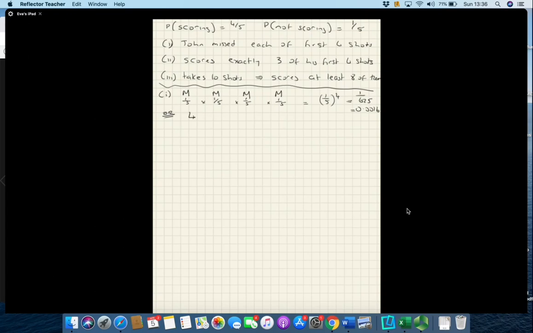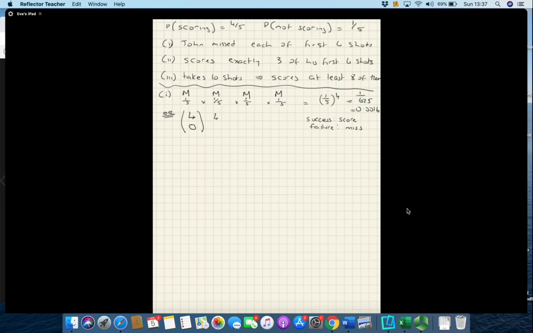Or we could use Bernoulli trials. Out of the 4 shots, I'm going to take scoring as a success and missing as a failure. So success is score, failure is miss. Out of the 4 shots, I would like him to have no successes.